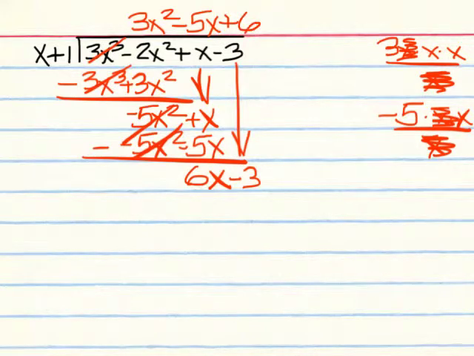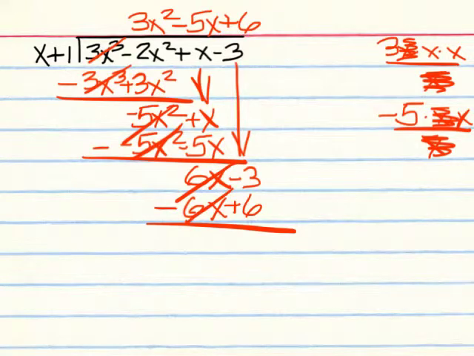So plus 6 goes there. And 6 times x is 6x. 6 times 1 is 6. Subtract, and those should cancel out. And you're left with negative 3 minus 6, which is negative 9. And just write the remainder at the top.